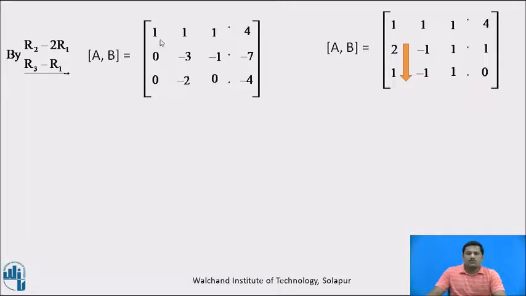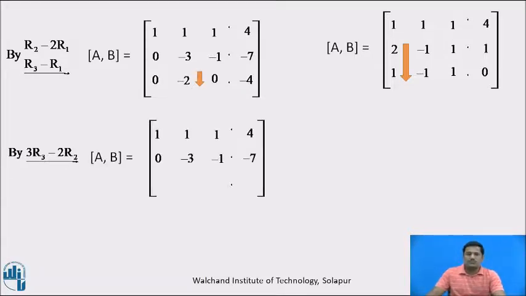Now next we will move towards the next diagonal, which is here minus 3, and we convert the element lying below that diagonal entry to 0 using this row number 2 only. For that purpose, we will apply the row transformation 3R3 minus 2R2. There is no change in the first two rows. After multiplying row number 3 by 3 and row number 2 by 2, we get these new entries.